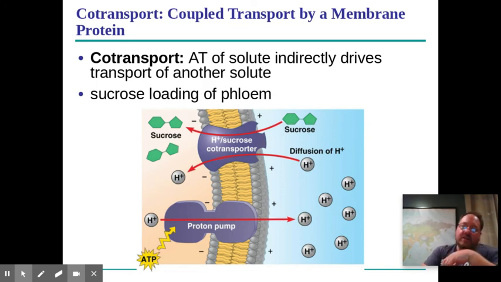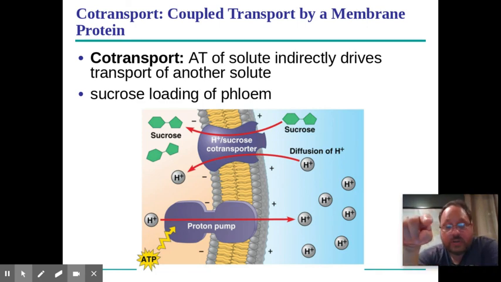Another idea is what's called co-transport. Co means together, right? So what happens is you can create a gradient. So think about that proton pump. You can create a gradient. And when the solutes, in this case the protons, flow through another protein, it changes the shape of that co-transporter protein and it allows another substance to pass through.